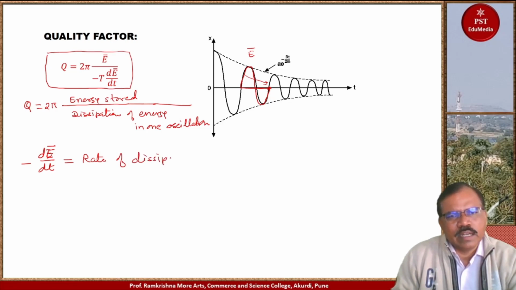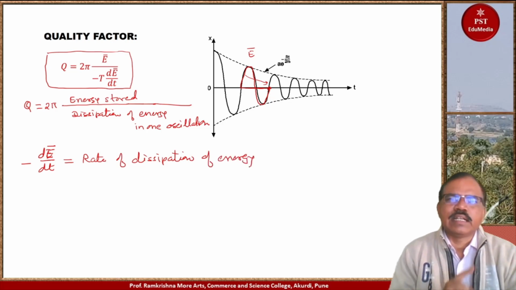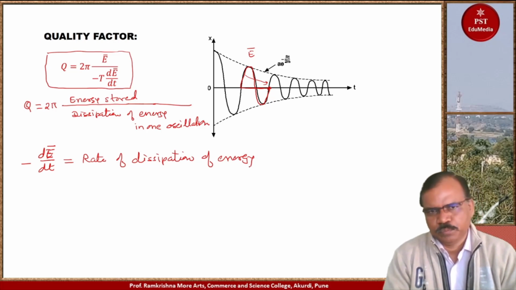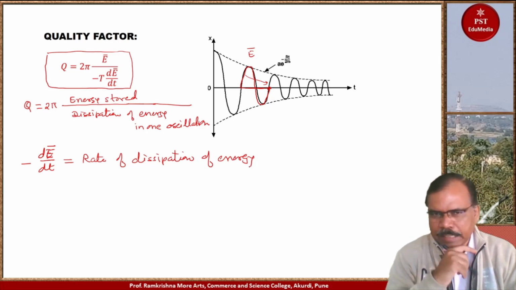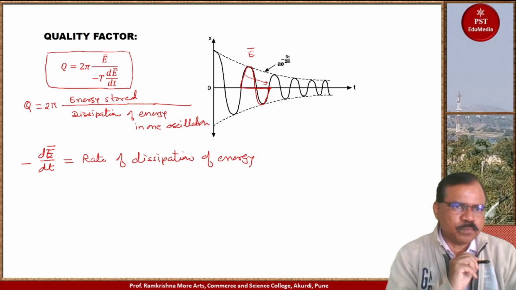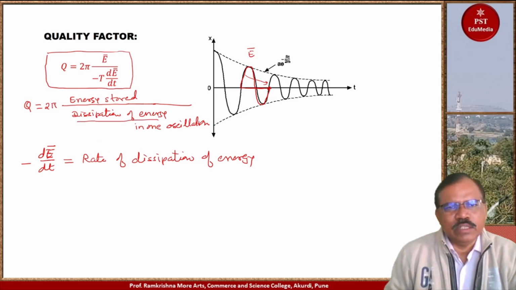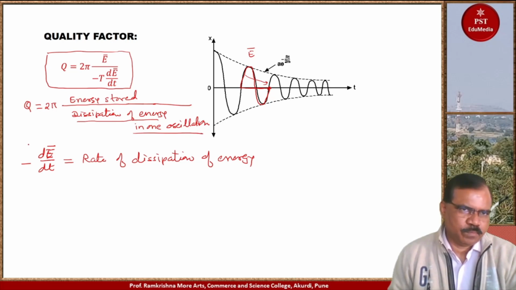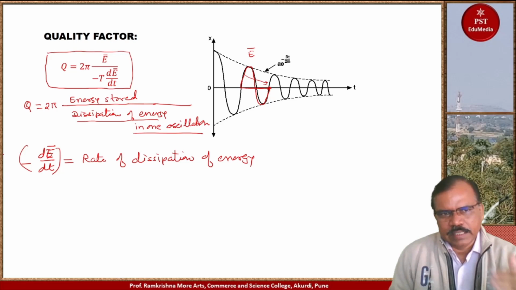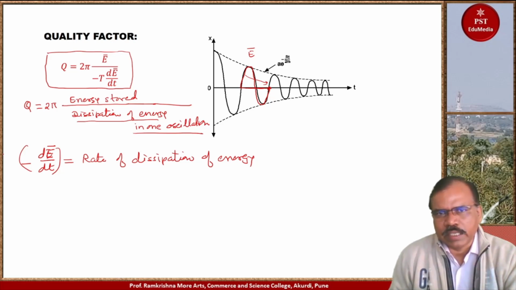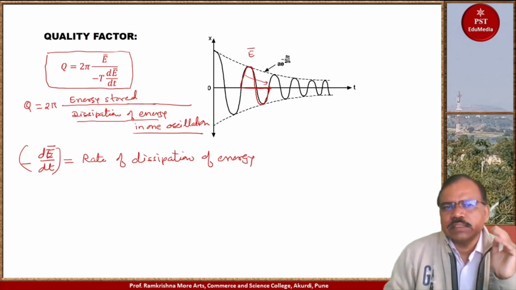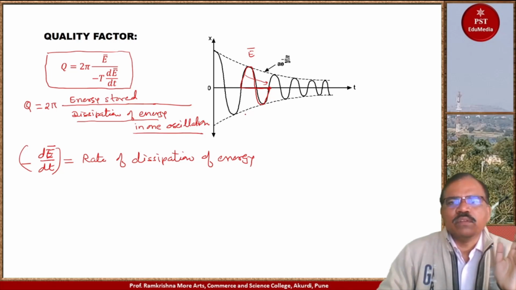That is called the rate of dissipation of energy against the external damping force or the external resistive medium. Now this is the rate of dissipation, meaning decrease in energy per unit time. So what is the change in energy in one oscillation?